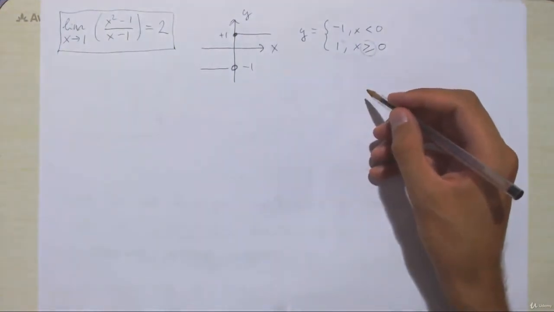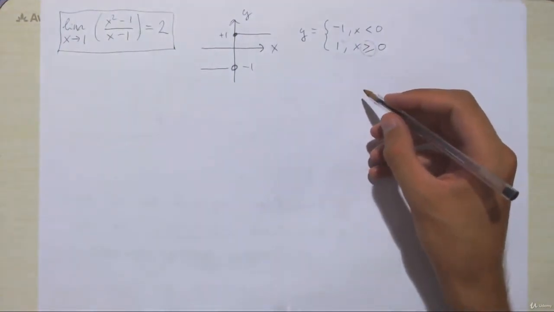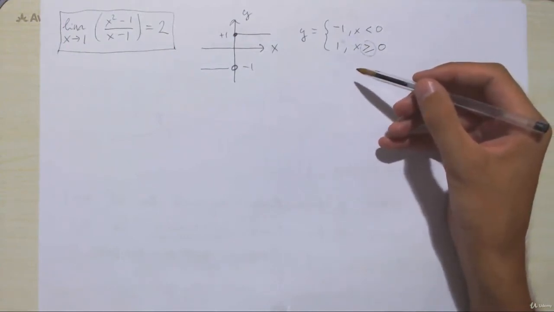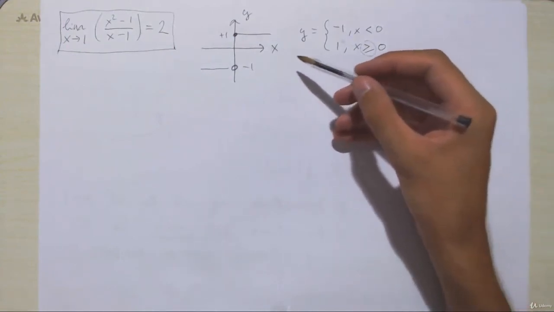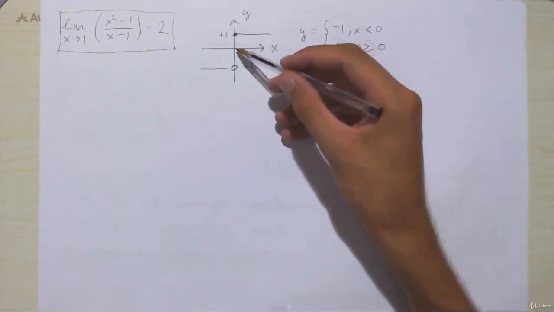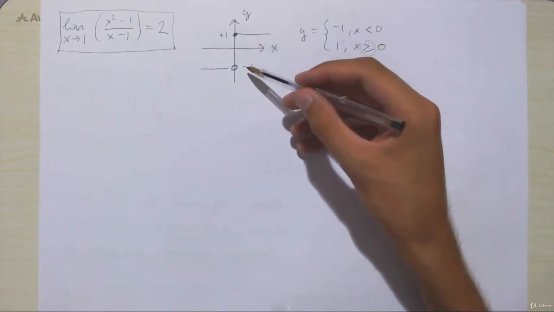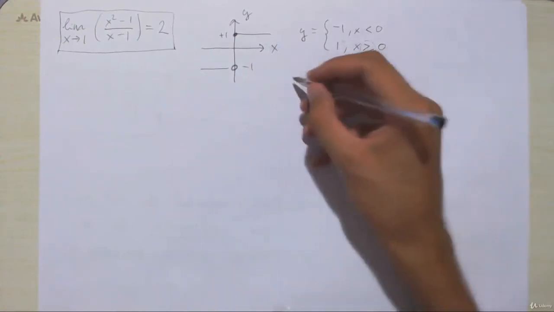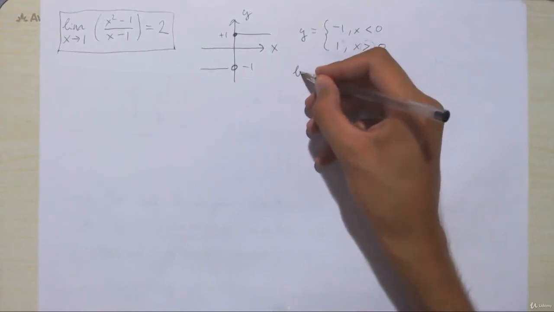Now, of course, here you can see that you approach different values as you approach x equals 0. You approach different values from the point of view of y. So the way I would write it is like this.